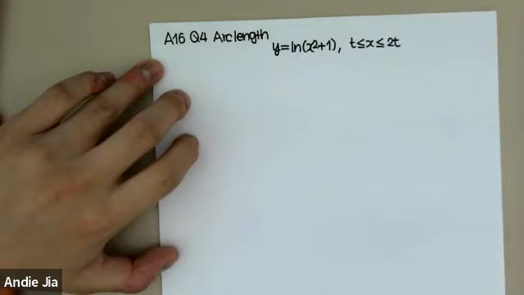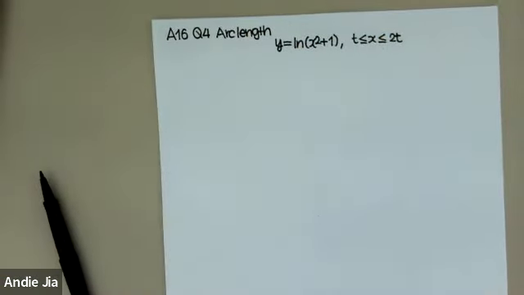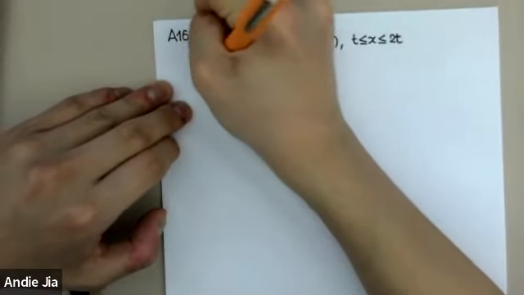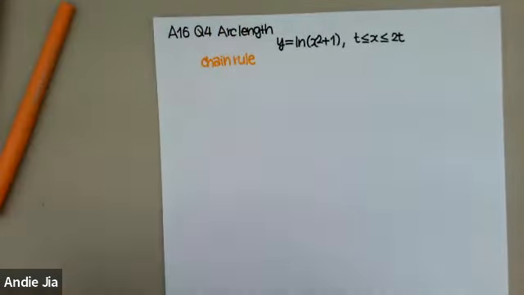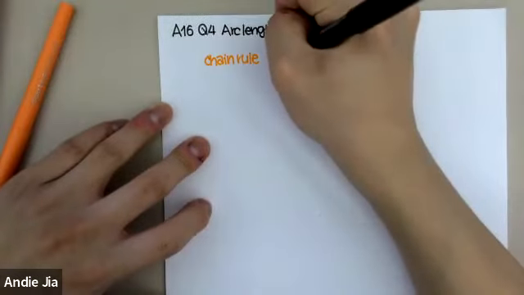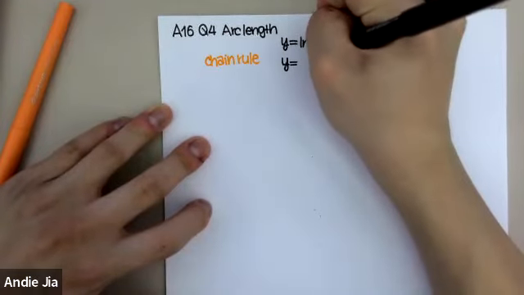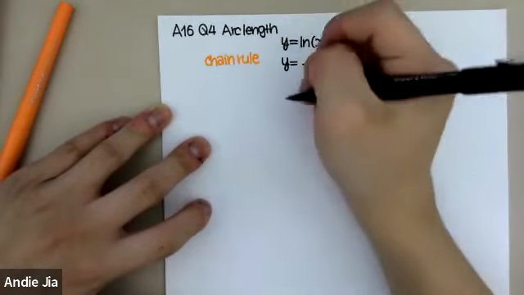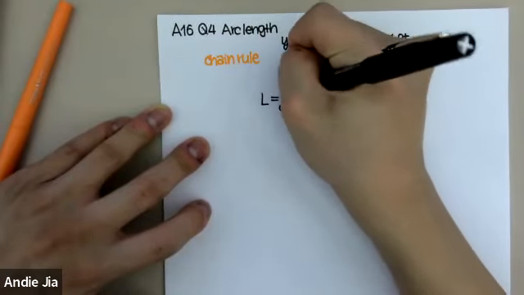We just set up this arc length integral. So we need to find the derivative by the chain rule. This is another chain rule that we're going to encounter. By chain rule it's going to be 2x over x squared plus 1, and the arc length integral is going to be from t to 2t.